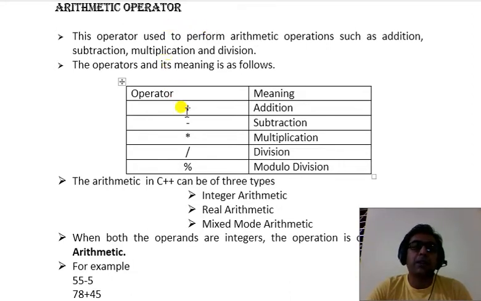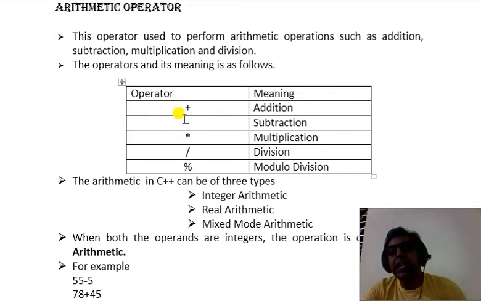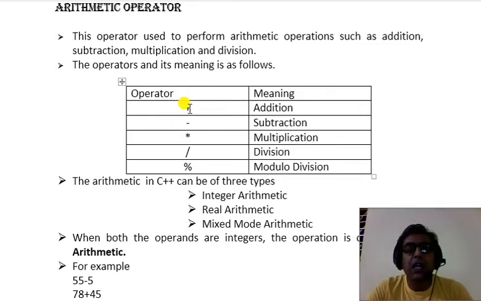The various arithmetic operators and their meaning is given in this chart. First, plus sign. This plus sign is used to add two numbers, so this is called as addition operator. Minus is a symbol which is used to perform the subtraction on the number. If we want to multiply the number, we use asterisk sign.